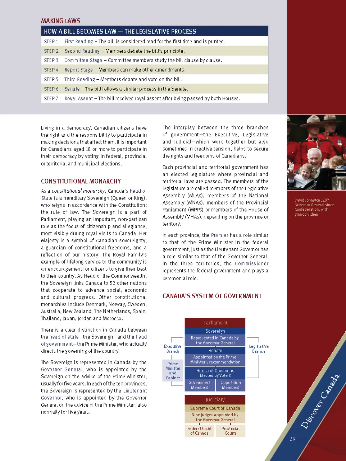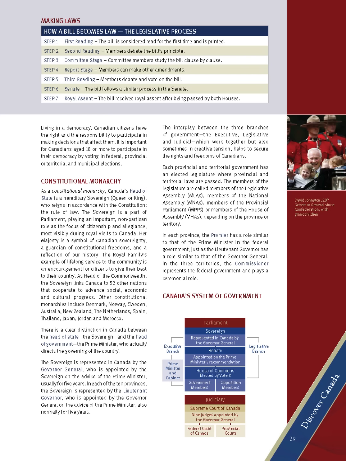Step 1. First reading. The bill is considered read for the first time and is printed. Step 2. Second reading. Members debate the bill's principle. Step 3. Committee stage. Committee members study the bill clause by clause. Step 4. Report stage.